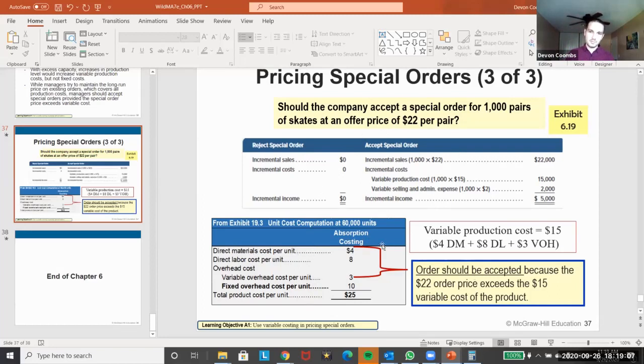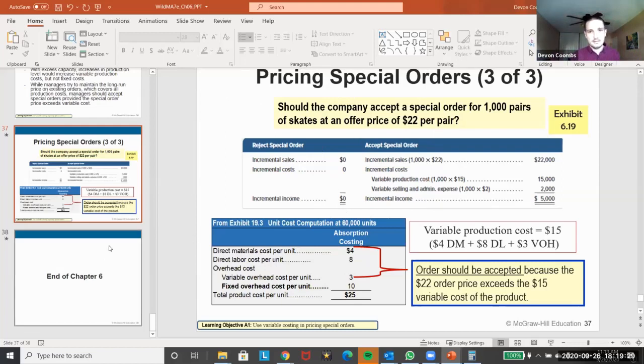And that's another reason why contribution margin is important, right? That extra order is just going to go towards our fixed costs, but we just have to be careful that we're not losing out on our original sales as well. If it costs us more than we can sell it for, then obviously we shouldn't produce it. But we're only looking at variable costs here because the fixed costs don't change.